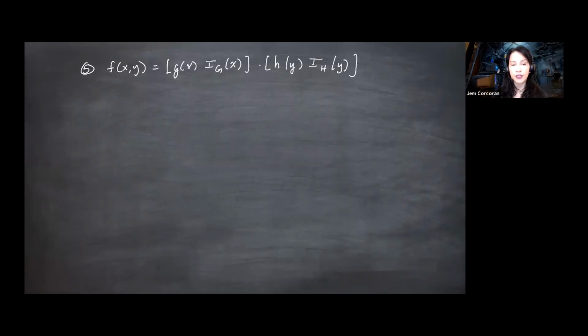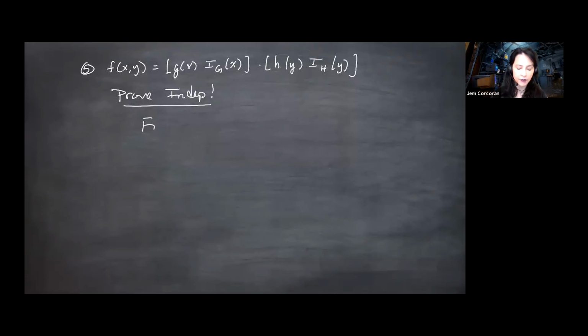So to prove independence, the whole step is to find the actual marginals and show that they factor, and that comes because of this.